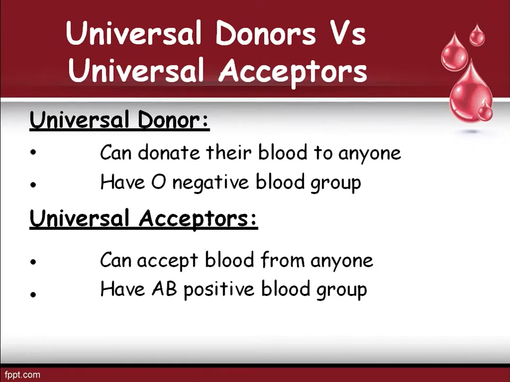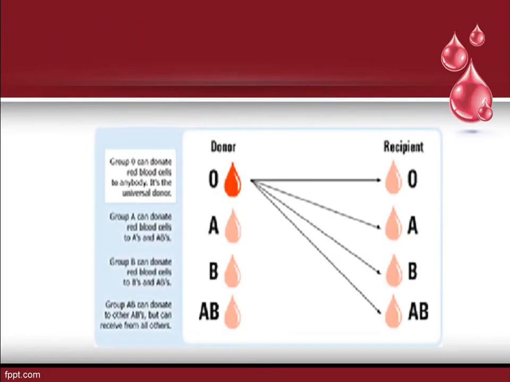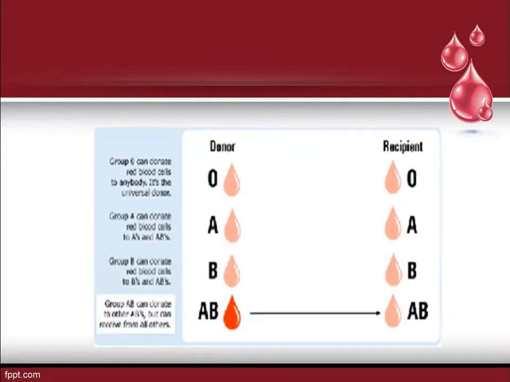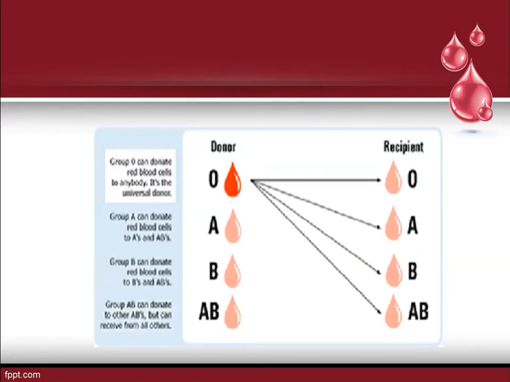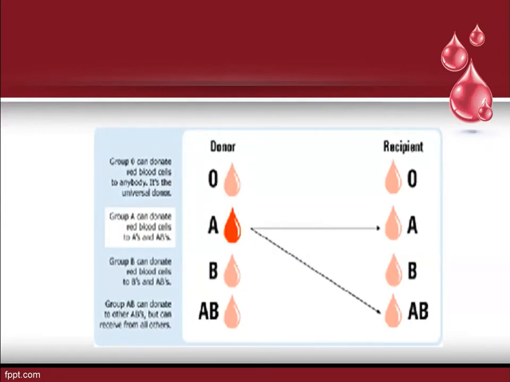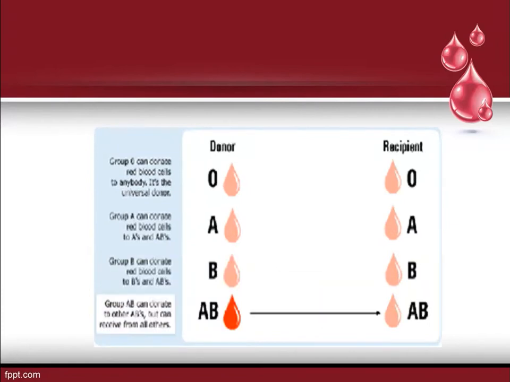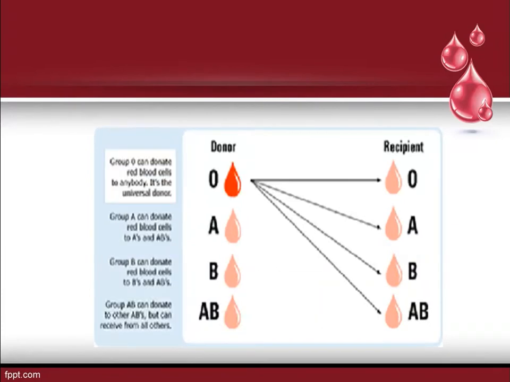They have the AB positive blood group. Now see in the diagram, AB donates only to AB, A donates to A and AB, B donates to B and AB.